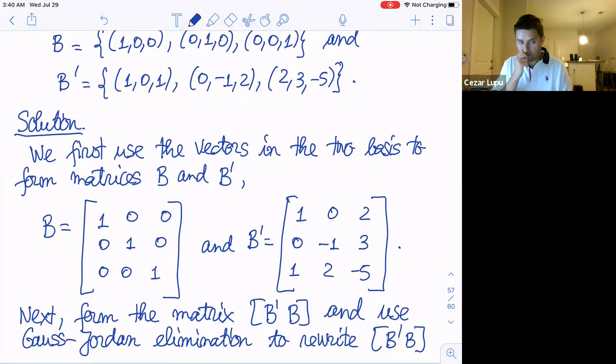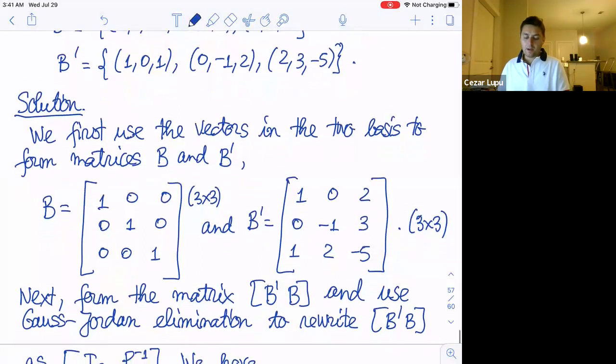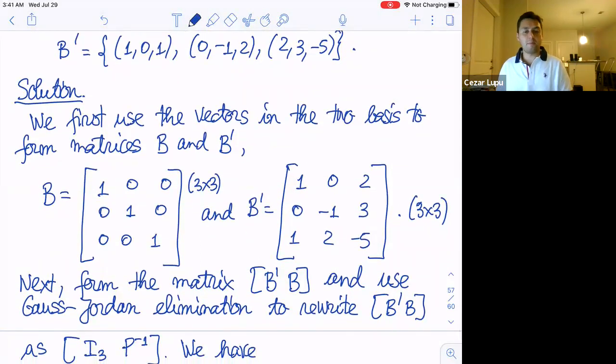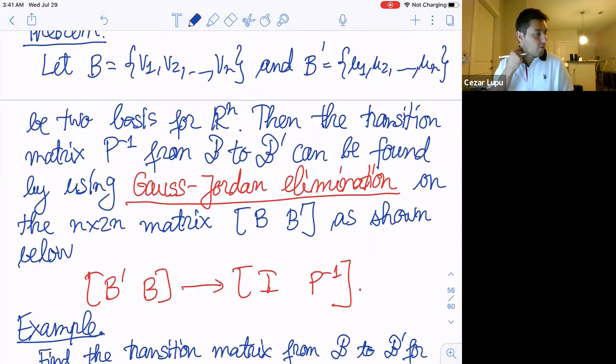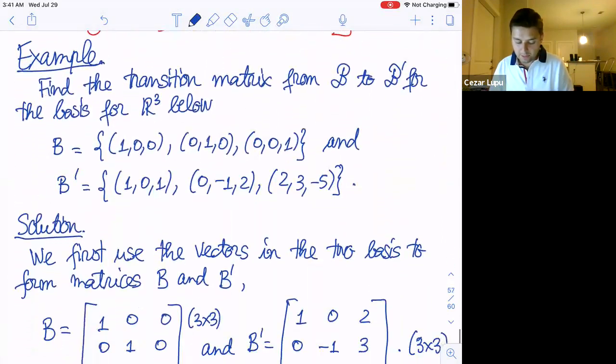As you can see, both of them are 3 by 3 matrices. And next we form this matrix B prime B, just like the theorem says. In this case, we'll form this 3 by 6 matrix.